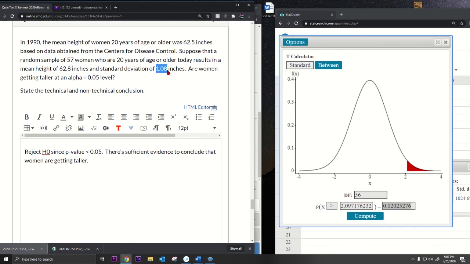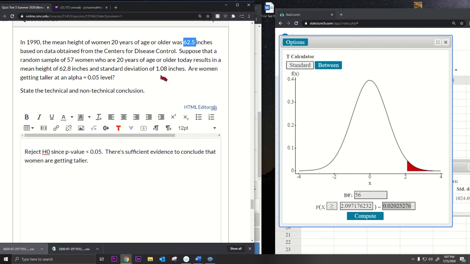So if you divide 1 by 7, that means your standard error is going to be whatever that is. It's pretty small. So then 62.5, what's that difference? 0.3? Well, the standard error is probably going to be like 0.14 or something, right? Like double that. If you double 0.15, you get 0.3. So that means that 62.8 is more than 2 standard errors away from 62.5.